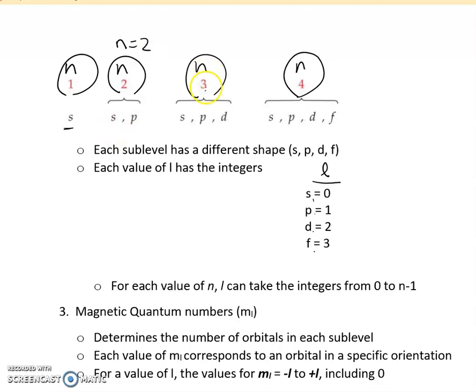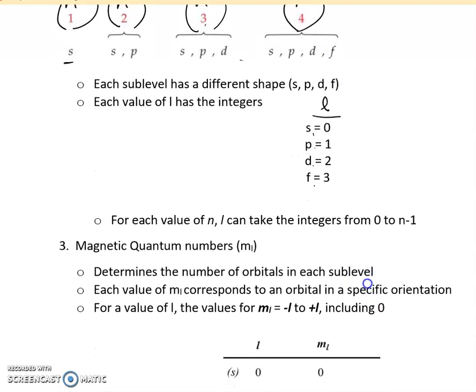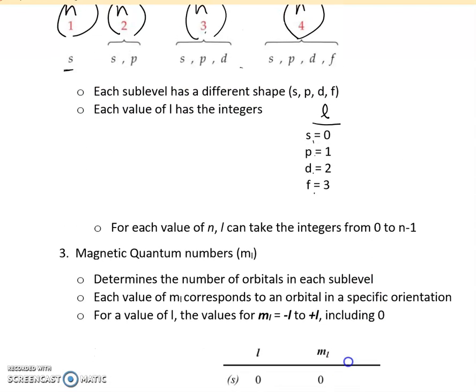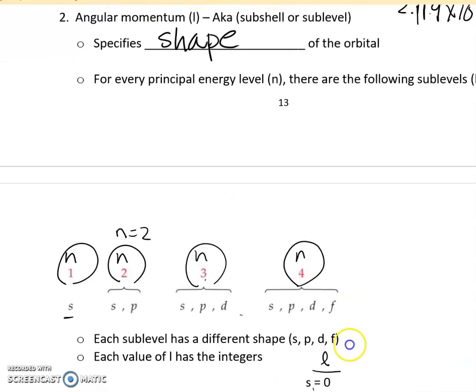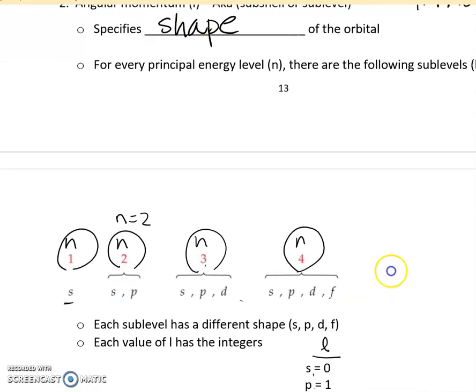And if we have n equals 3, we've got 3, s, p, and d. And if n equals 4, we have s, p, d, and f. So our n equals the amount of sublevels that we have. Now that is our angular momentum, so our shape.